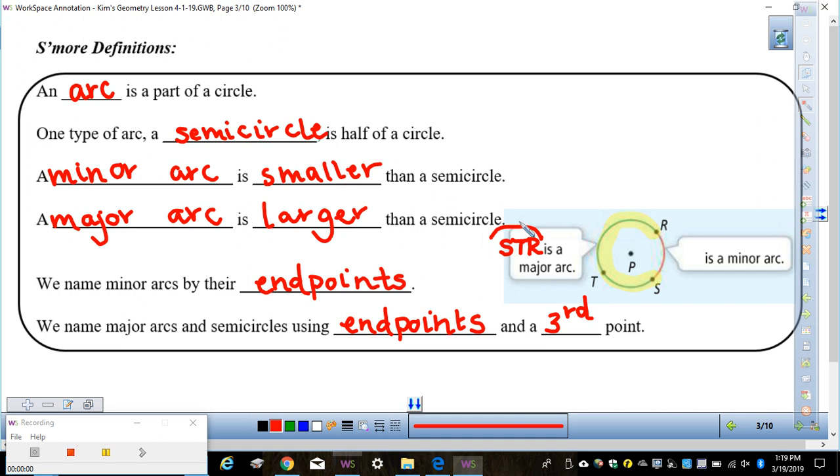So not a segment, straight line, but it needs to be a curved arc. Then we've got this minor arc here in red, and we would call this arc RS, again with the arc symbol above it, or you could call it SR. The order does not matter. So make sure you have both of those examples written in for me. And then go ahead and flip your notes to the next page, and we're going to practice this.